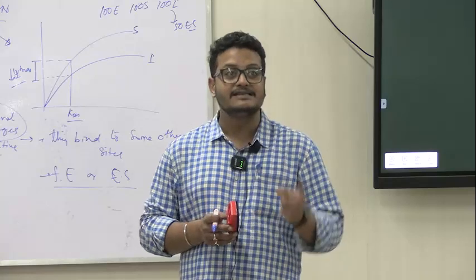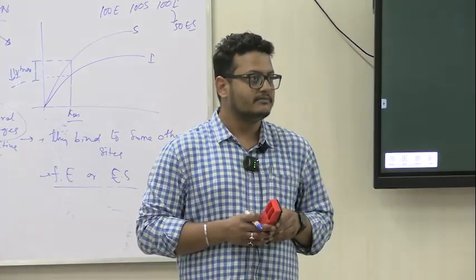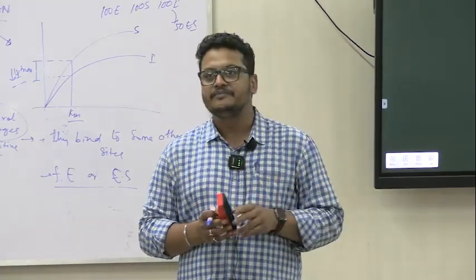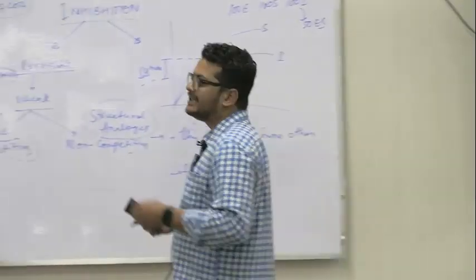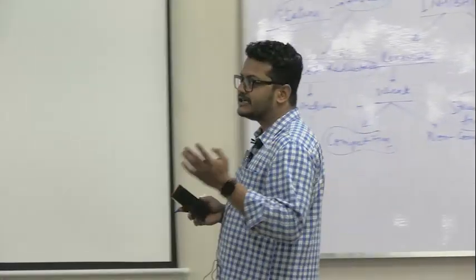As a result, glycolysis is inhibited. Is that clear? So fluoride is one example of non-competitive inhibitors. Most toxins and poisons are non-competitive inhibitors. Apart from that, some metal ions are also non-competitive inhibitors. Is that clear?